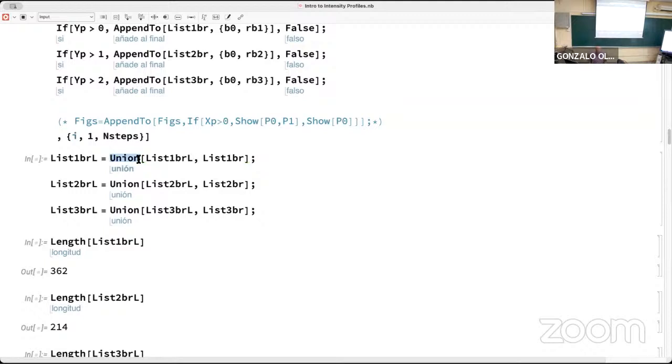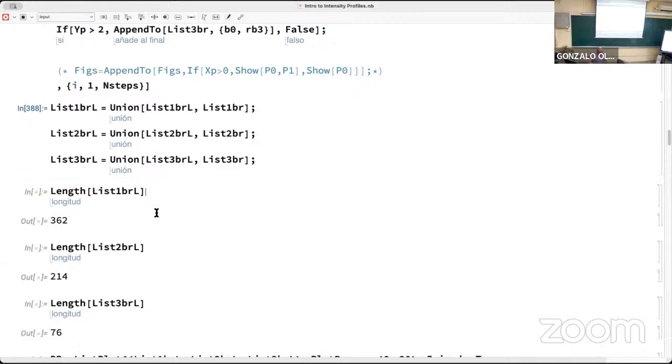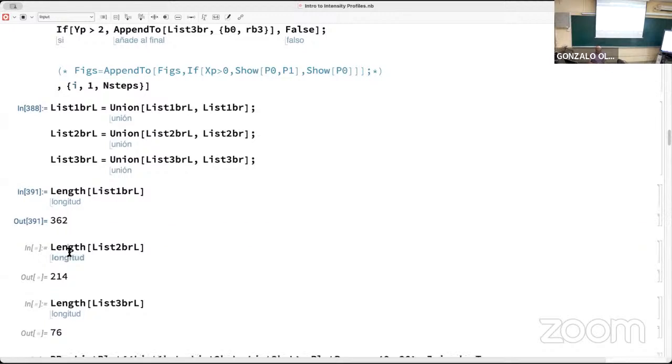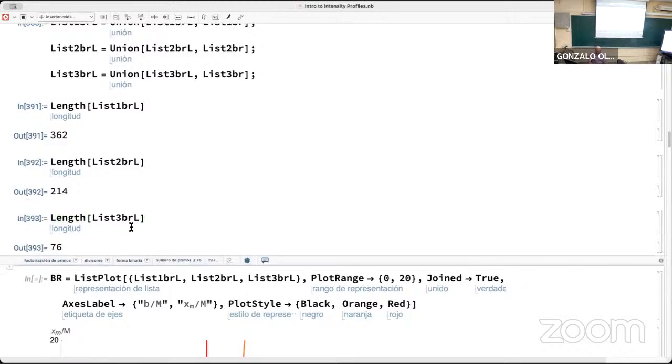Thank you, Luis Silva, because I think he told us this is a better way to make it faster. Now we have 362 points representing the direct image, 214 for the lens image, and 76 for the photon ring. So now we have a good amount of points representing each type of contribution.